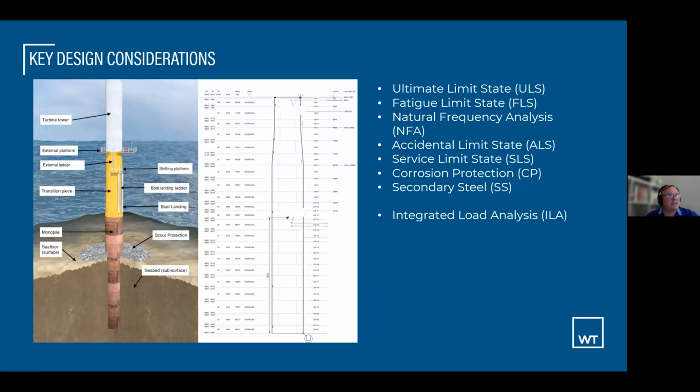And then the last of the limit states is the service limit state, which is really closely related to the ultimate limit state. In the service limit state, you need to make sure that as the structure is subject to a certain number of storms, at each storm you'll get some degree of liquefaction of the soil that's in immediate contact with the subsea structure.